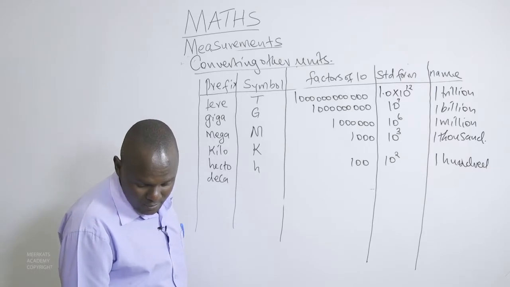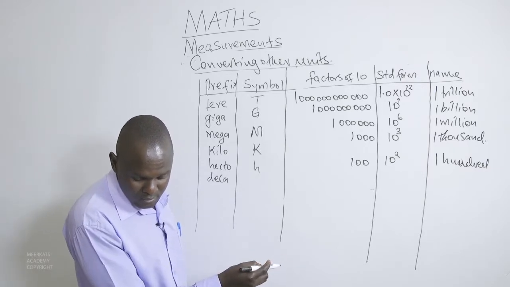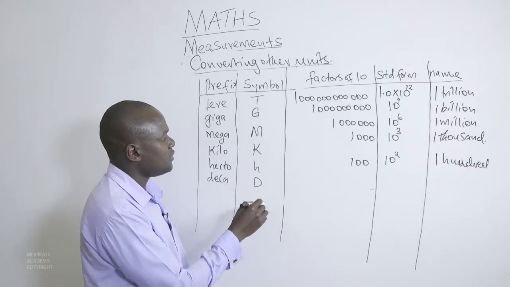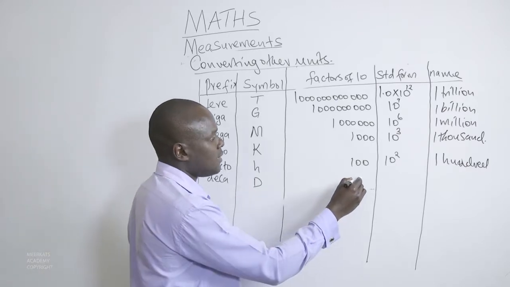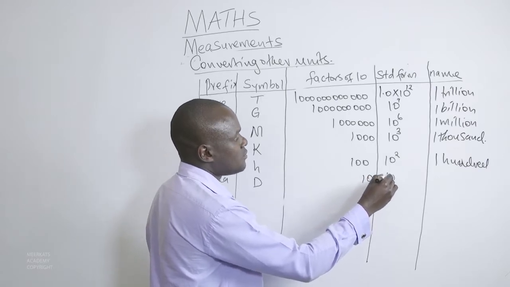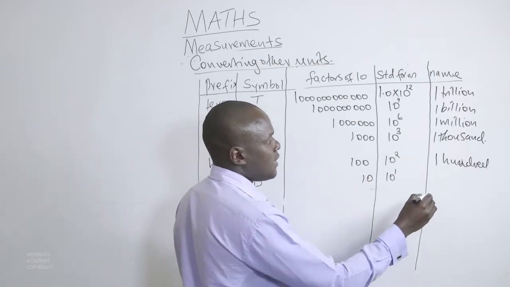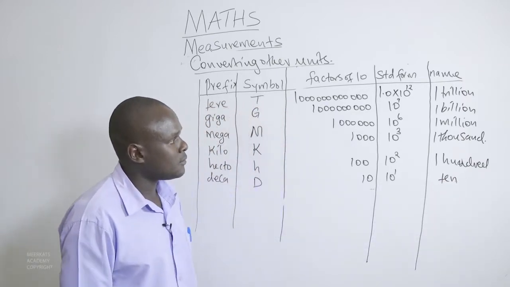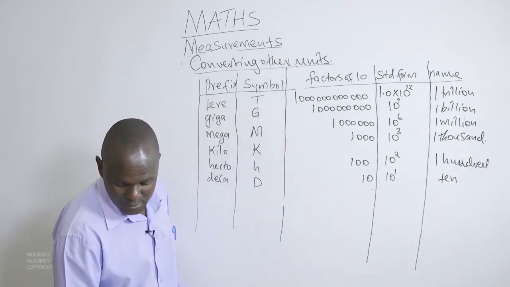Deca is denoted by the symbol D, which means 10, which is 10 raised to power 1, and it is 10.